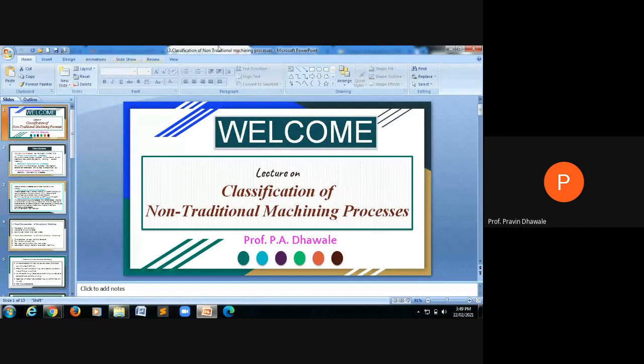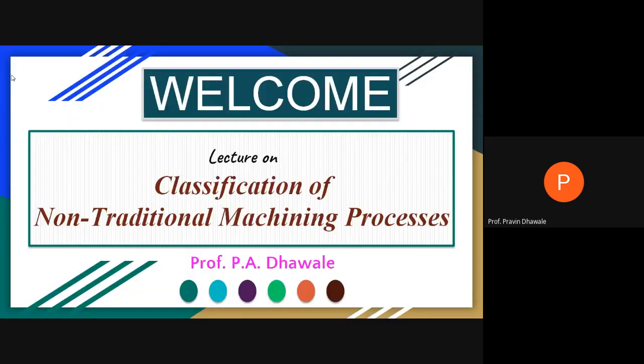Now, in the last lecture, we covered what non-conventional machining is. Before that, we discussed basic primary manufacturing processes, secondary manufacturing processes, what conventional machining is, and what non-conventional machining is.